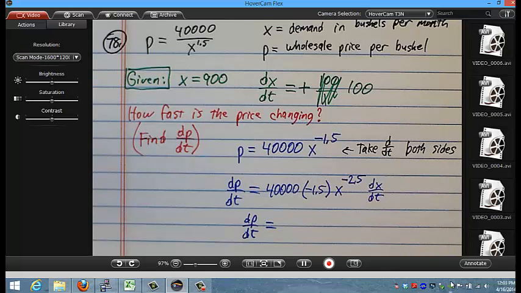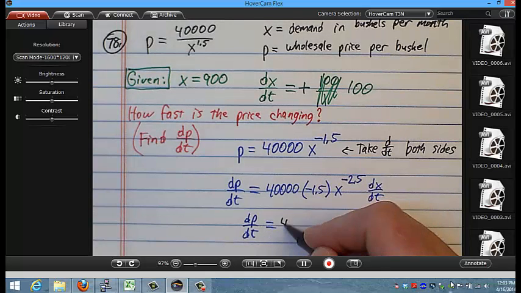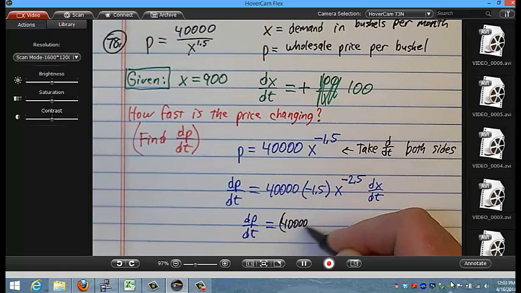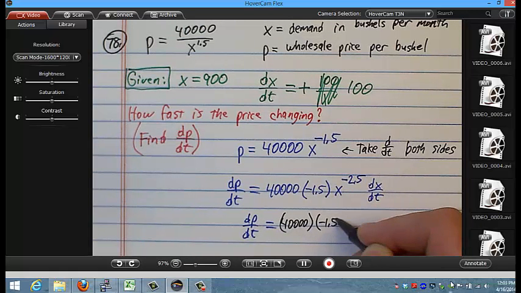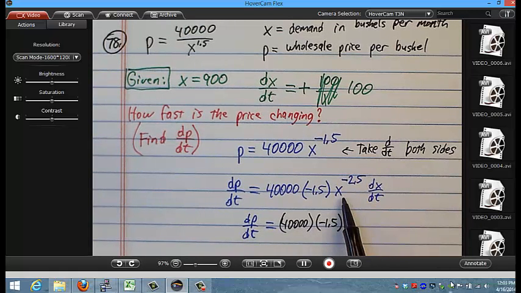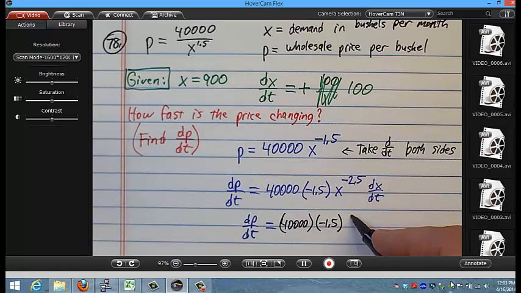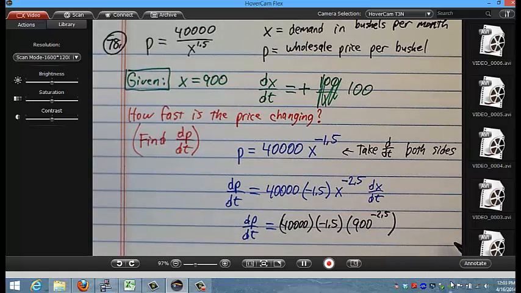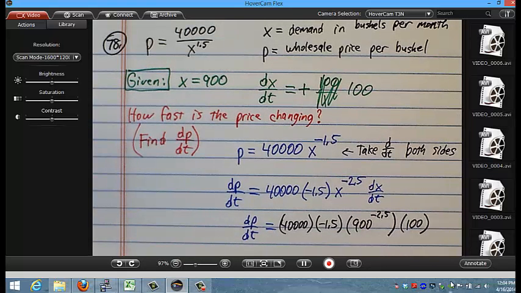We have 40,000, negative 1.5, and we know x, what they tell me, 900, so I need 900 to the negative 2.5. And now we know dx dt at that instant is 100. So I fill in the things I know, and I'll just use my calculator and be all done.